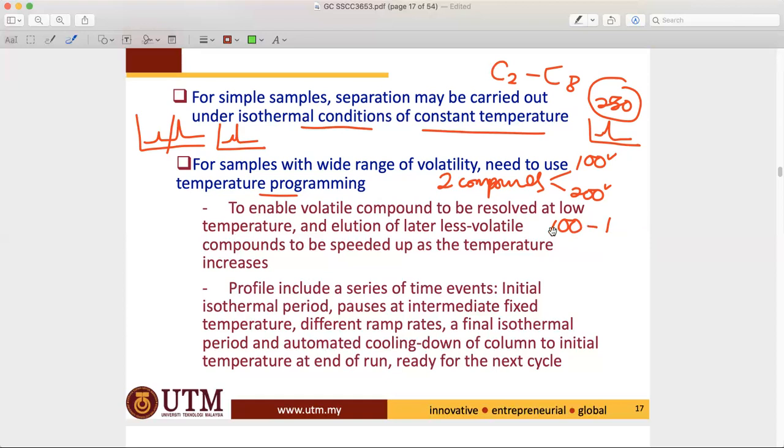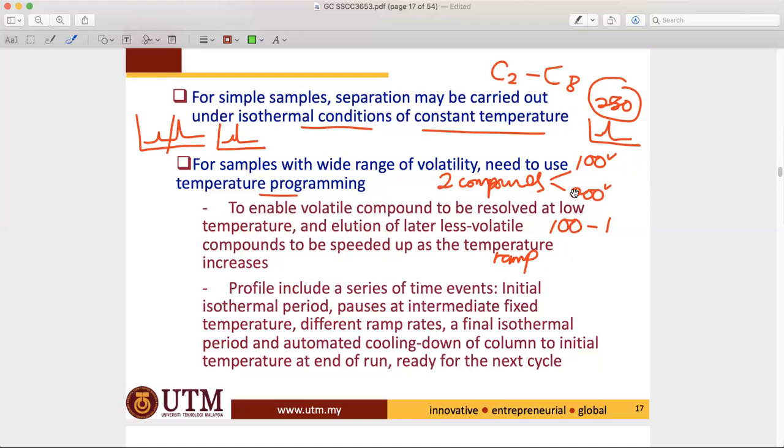Minit pertama, you set at 100 Celsius. And then you would ramp. Okay, kat sini kita ada ramp value. Ramp ni adalah because for example for 100 to go to 200 you cannot go instantaneously. You need to have a ramp.